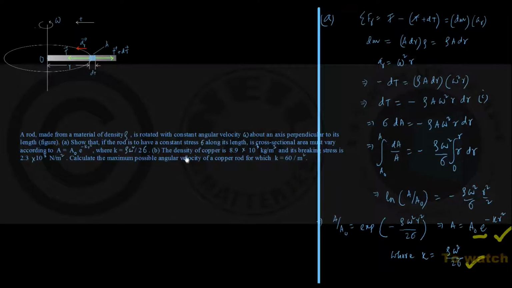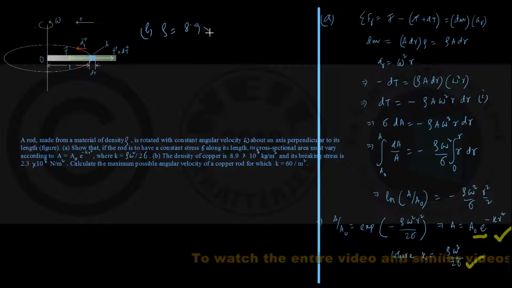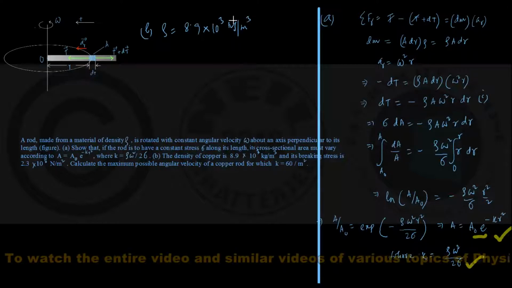Moving on to part B of the question, they are telling density of copper. Well, this is given here. Let me start writing down the information in part B of the question, that for copper density is 8.9 into 10 to the power 3 kg per meter cube.